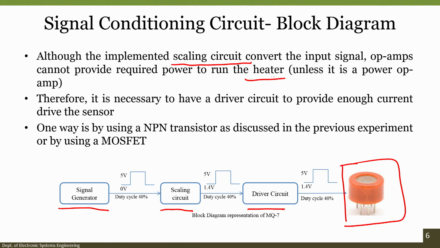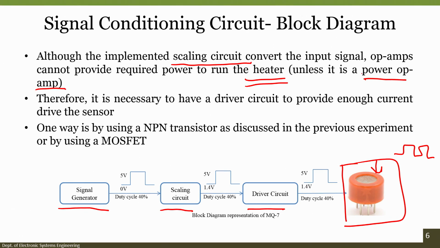When you were being taught how the gas sensor is fabricated, there is one portion of the sensor which is the heater inside it. In order to drive the heater to the desired temperature, the operational amplifier cannot produce enough current, unless you have a power amplifier.